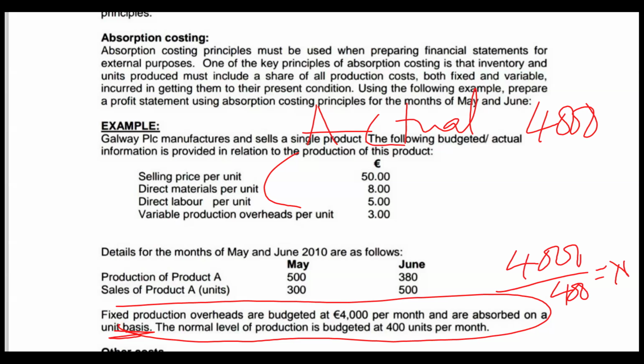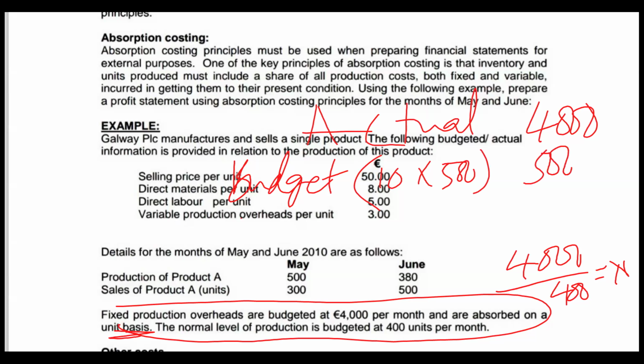So we are saying that the work absorbed based on our rate was 10 multiplied by the units that were produced, 500, giving us 5,000. When you take the difference between the two, what do you have?